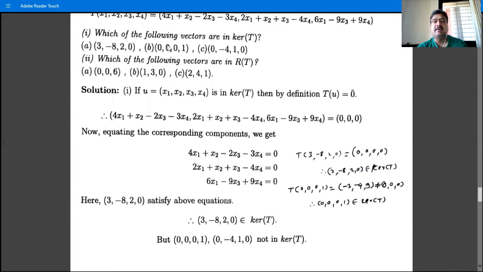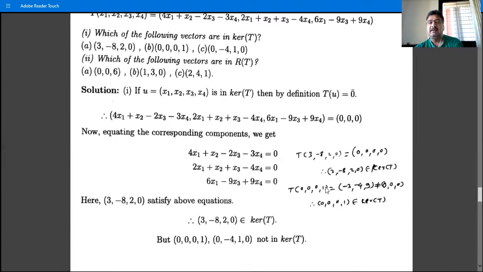T of this element is not equal to 0 bar, and therefore this vector does not belong to the kernel of T. Here it is a mistake, the cross sign should be there. (0, 0, 0, 1) does not belong to the kernel of T.